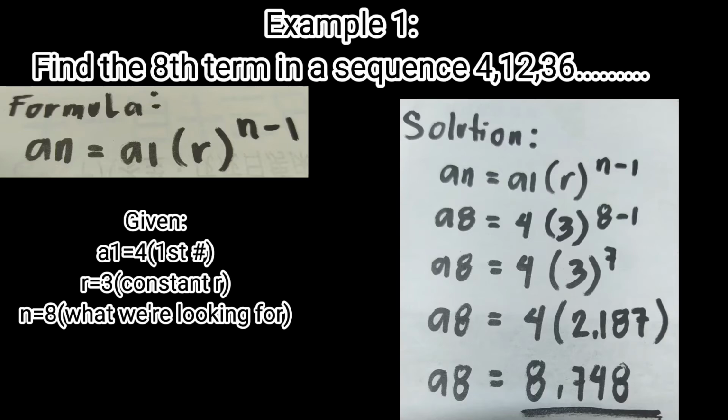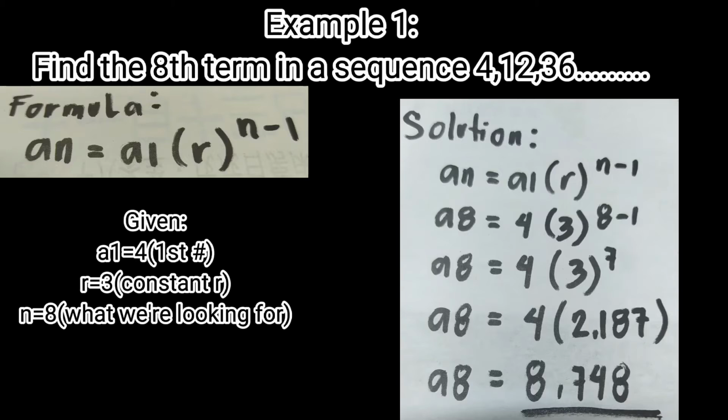So now here's our solution. Following our formula, An is equal to A1 times R raised to n minus 1. And what is our given n, which is 8, equals to what is our given A1, we have 4, right?